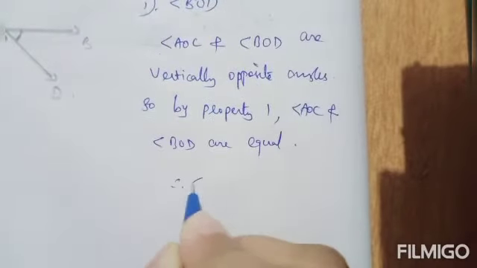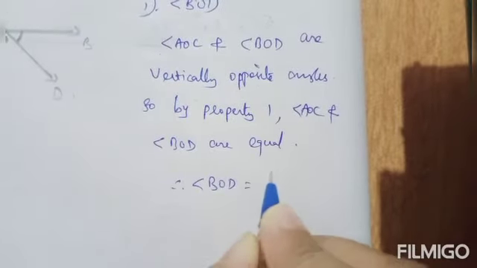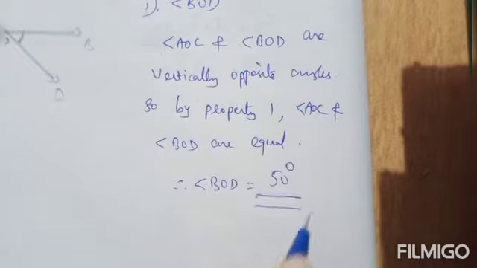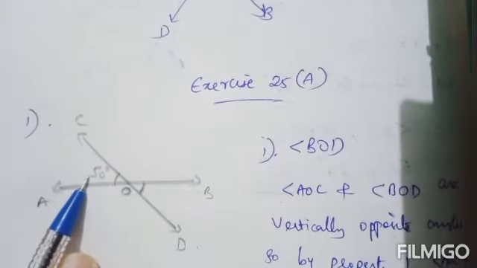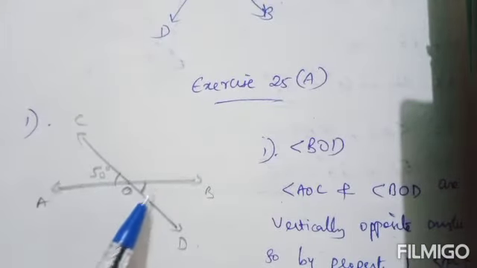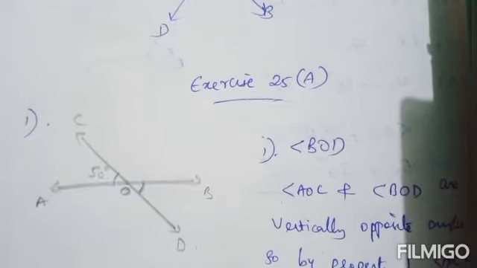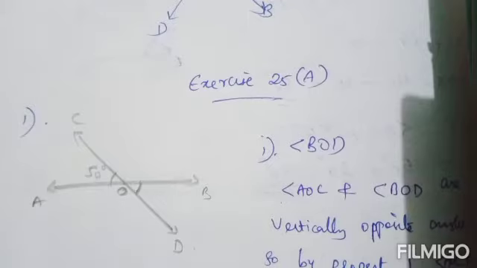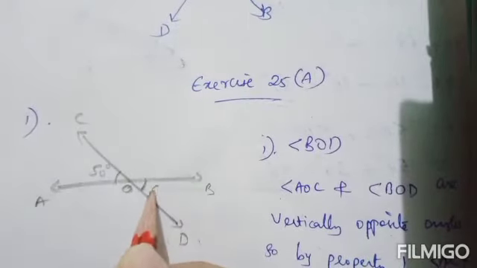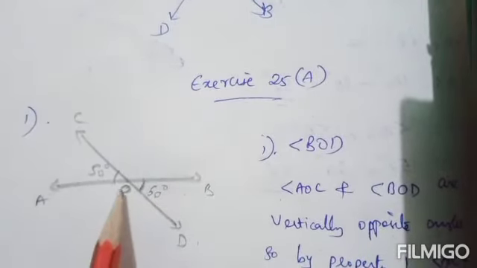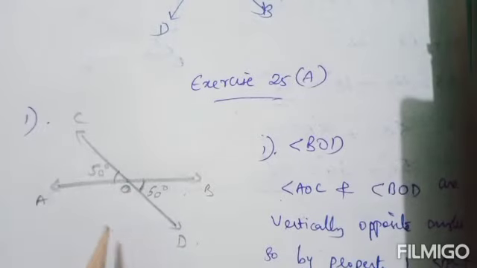Therefore angle BOD equals 50 degrees. Angle AOC is 50 degrees, so angle BOD will also be 50 degrees. Next, angle AOD. Now we need to find angle AOD.